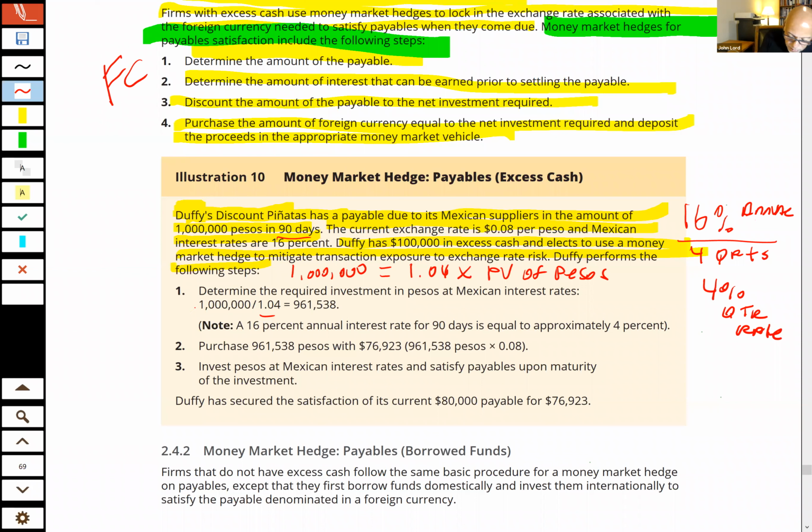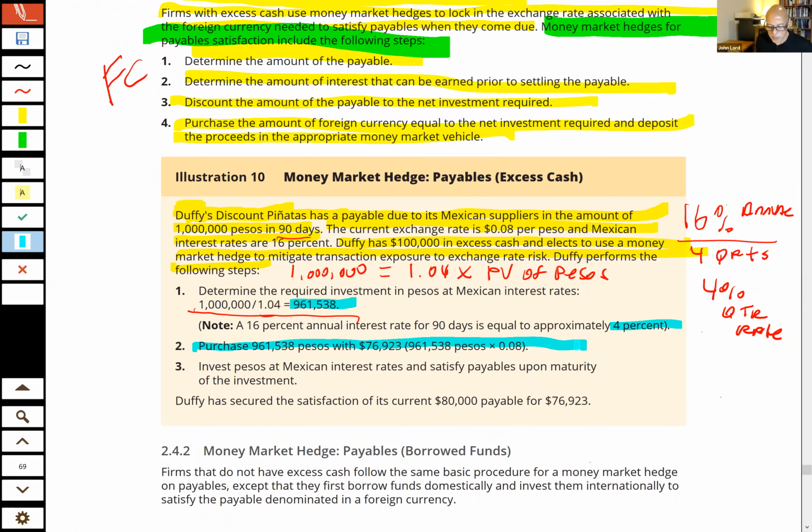Then I go ahead and do the algebra, just to understand the logic of this setup. And this tells me that I have to come up with 961,538 pesos today in order to have 1 million pesos 90 days from now at a 4% rate quarterly. So I go and purchase the pesos, and I need $76,923.